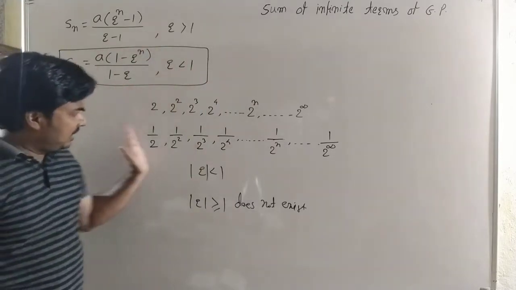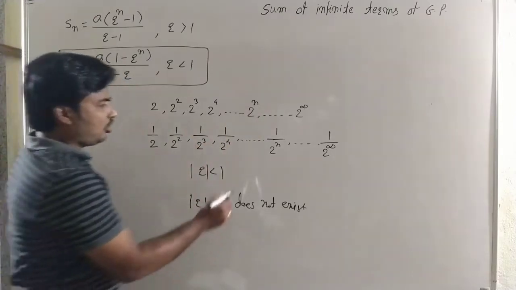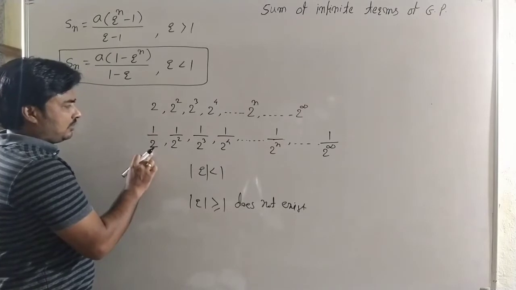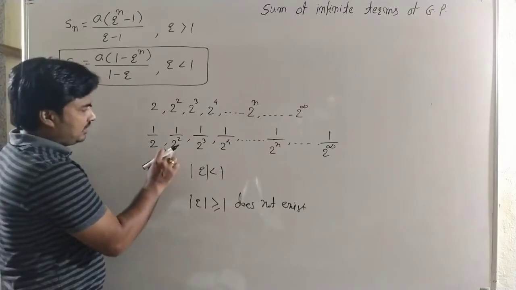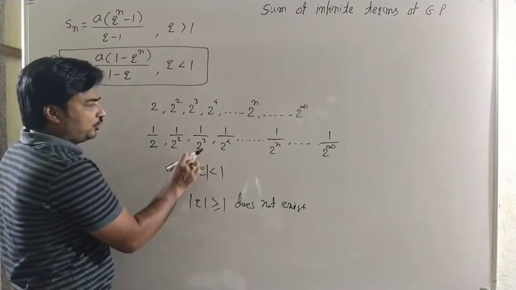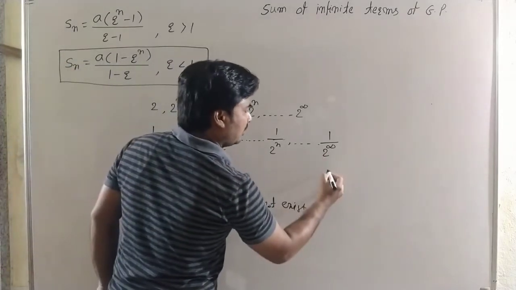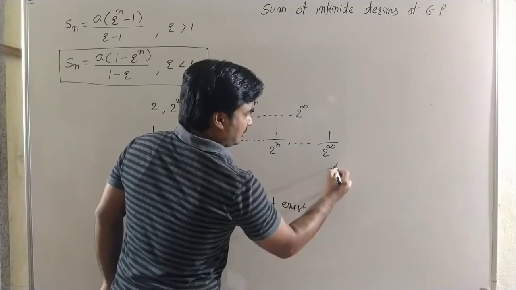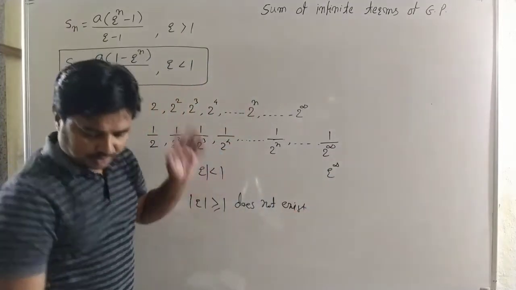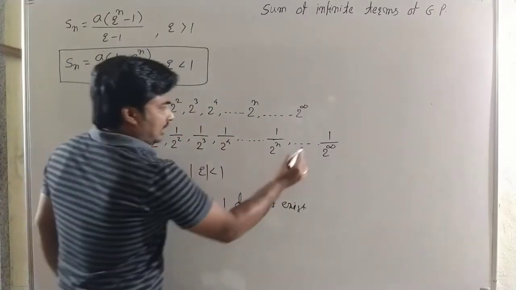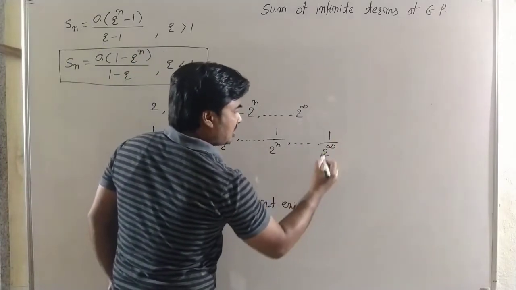Now see carefully. Here the common ratio is 1/2. The first term is a, then the terms are ar, ar squared, ar cubed, ar to the power 4, and so on up to ar to the power n. Like that, when n tends to infinity, r to the power n is the last term.